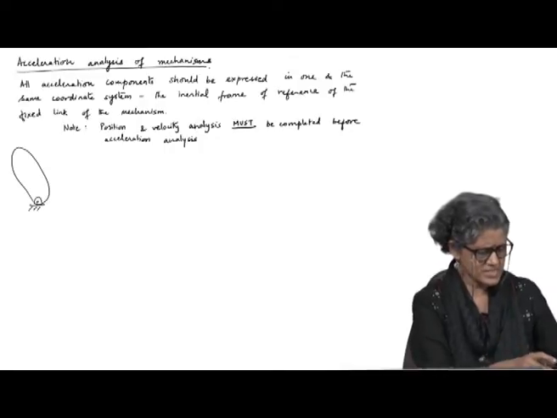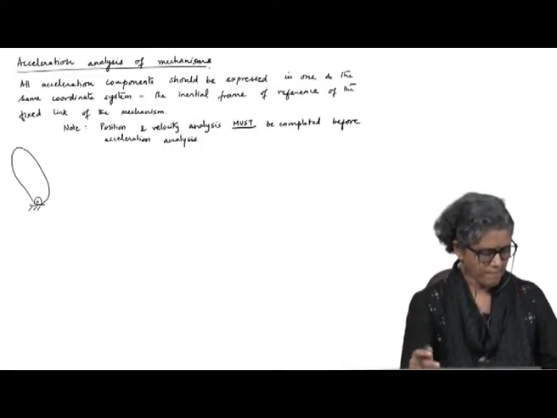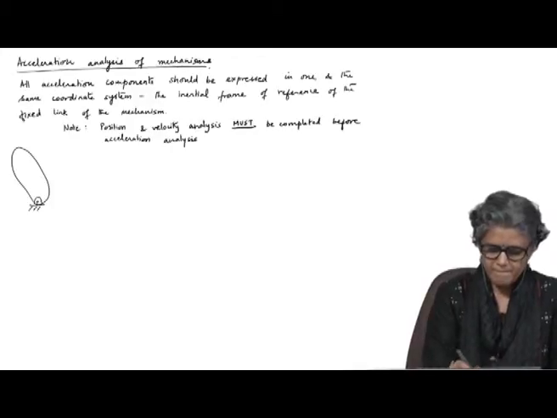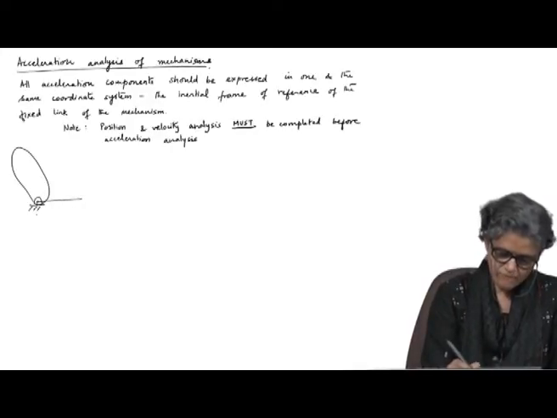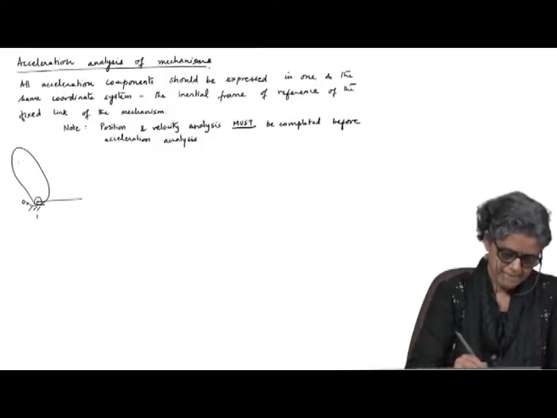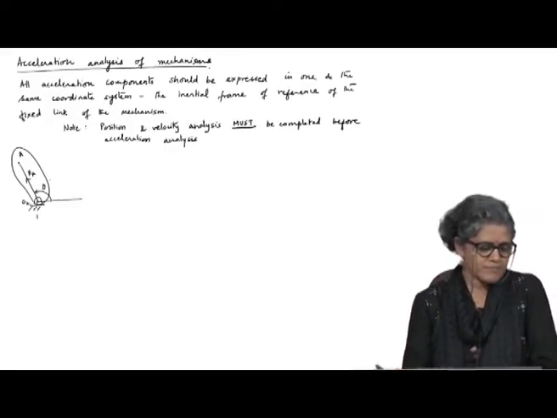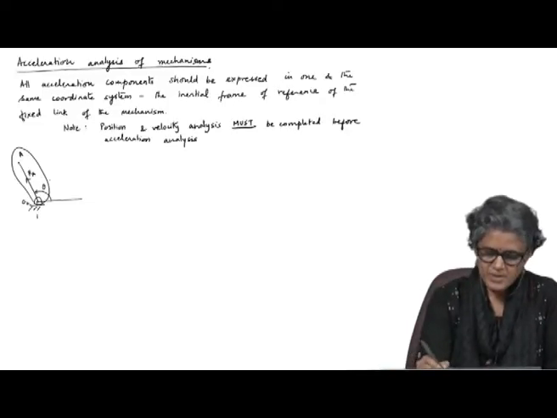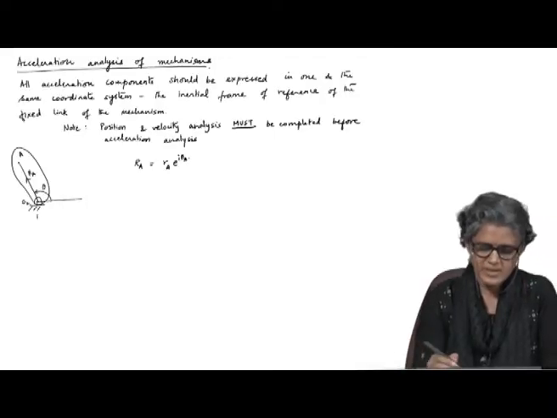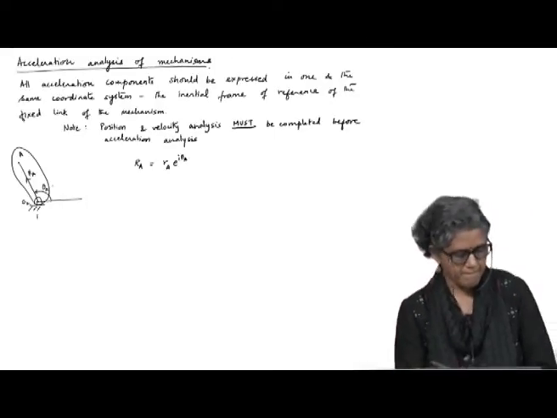So let us take the case of a point A on this rigid body, that is defined by this vector R_A e^(i theta_A).